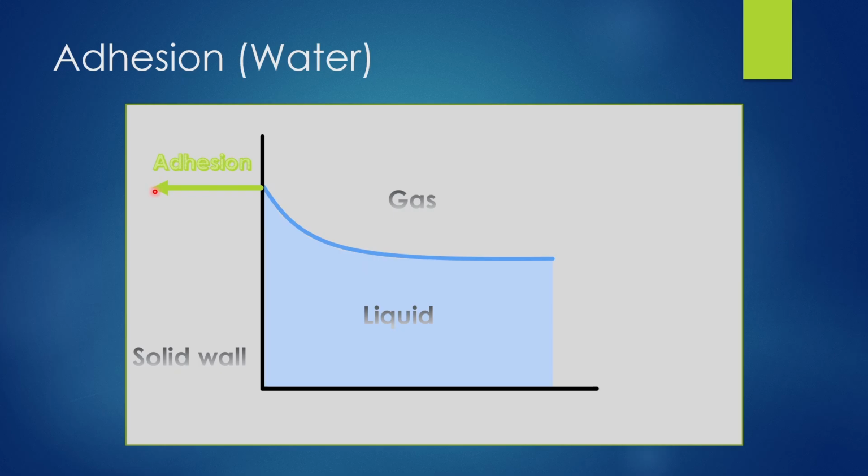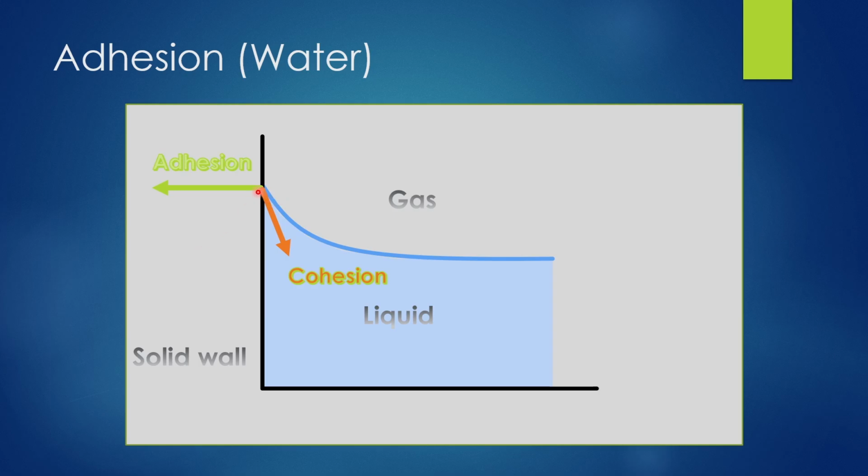And the forces of cohesion, being the forces that are intermolecular, so the molecules are attracted to their own molecules, are directed to the mass of the fluid, of the liquid in this case, right? These are the forces that happen between water and a solid object, and these are the forces that happen between water and water, so the same molecules.